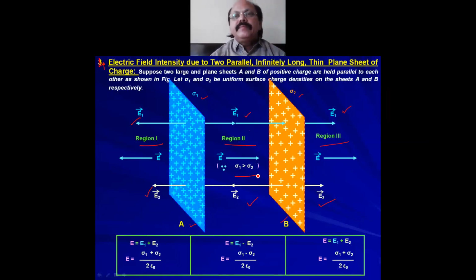But in magnitude form, remember conventionally, if E1 vector and E2 vector are in the same direction, then in magnitude form the total electric field intensity E is equal to E1 plus E2.